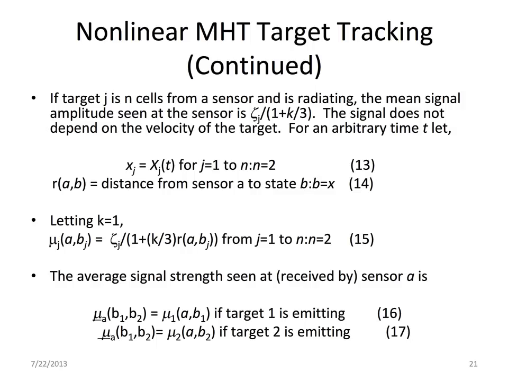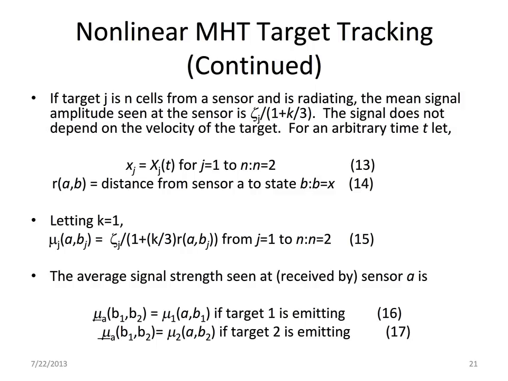For any arbitrary time t, state x sub j gives the state at some time for j equals 1 to n, where n equals 2. That's 2 targets. We're talking about a state vector again, taking the state vector information from a sampling from a distribution, which is the cap x.